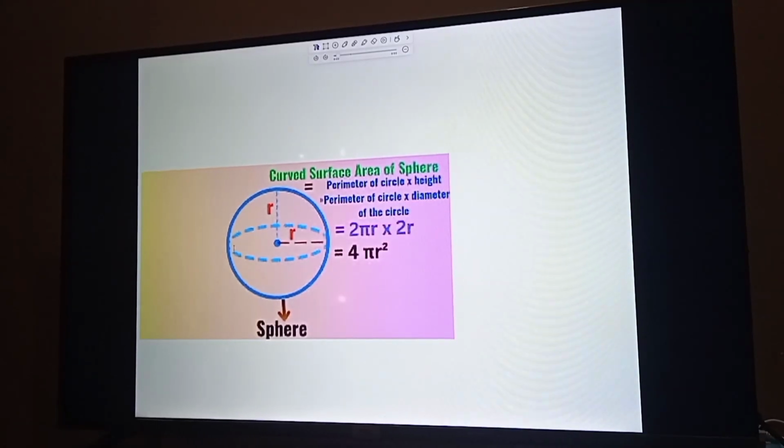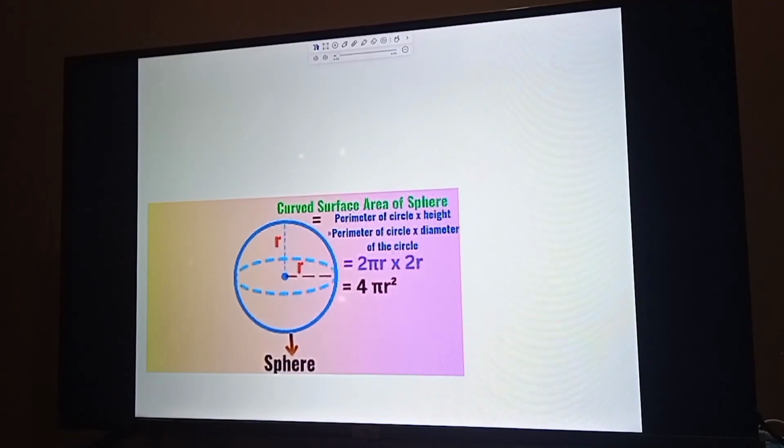Now the curved surface area of sphere is equal to the circumference of the circle into height. So the circumference of the circle is 2 pi r and the height is 2 r, which makes 4 pi r square.